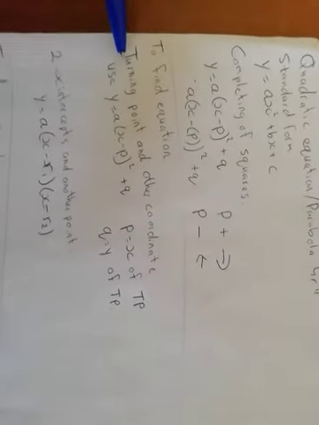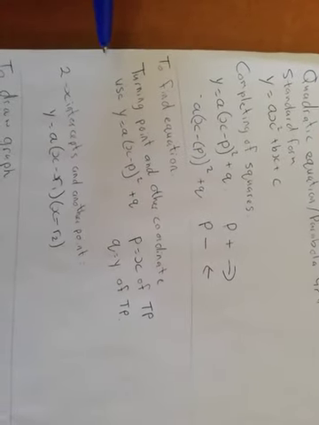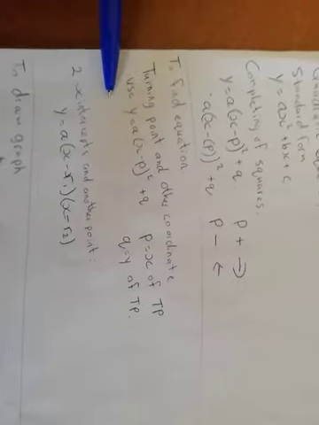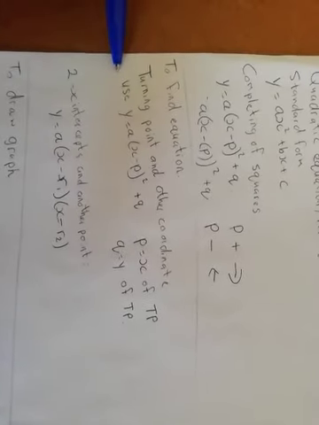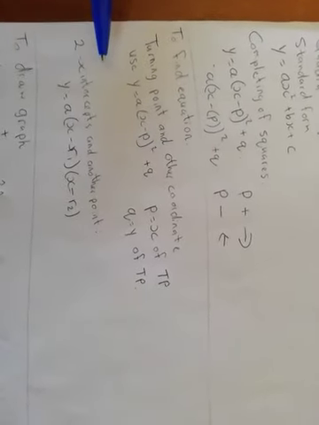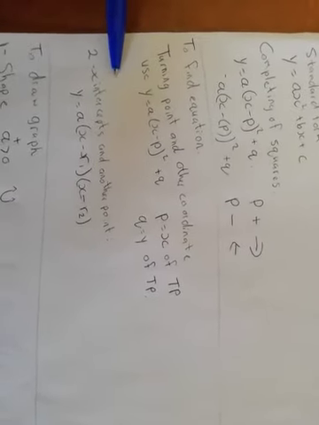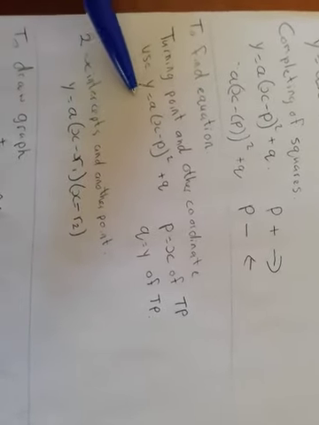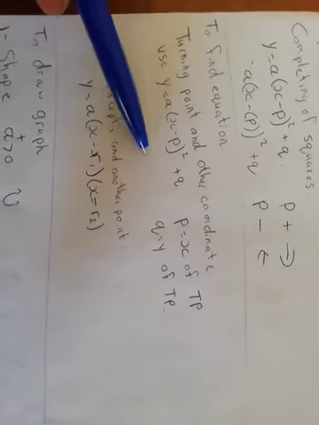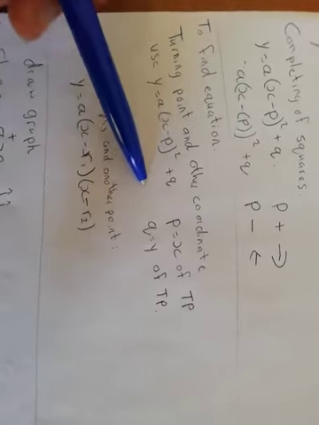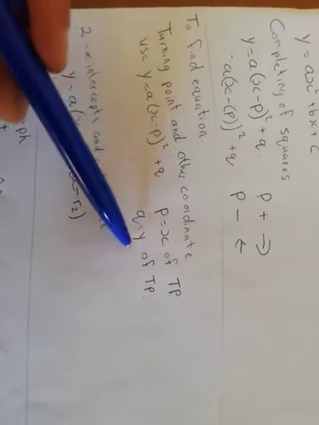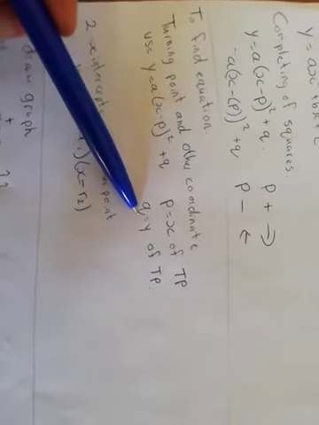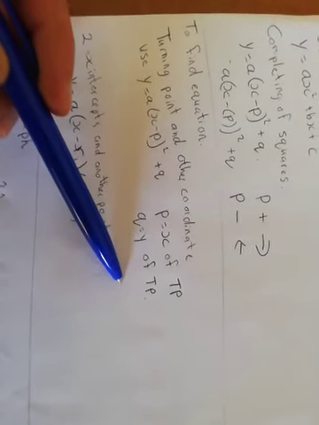To find the equation, you need to have the turning point and one other coordinate, your y-intercept, and another coordinate, or two x-intercepts and a third coordinate. So, if you have your turning point and one other coordinate, you can use the formula y is equal to a times x minus p squared plus q, where p is the x of your turning point and q is the y of your turning point.